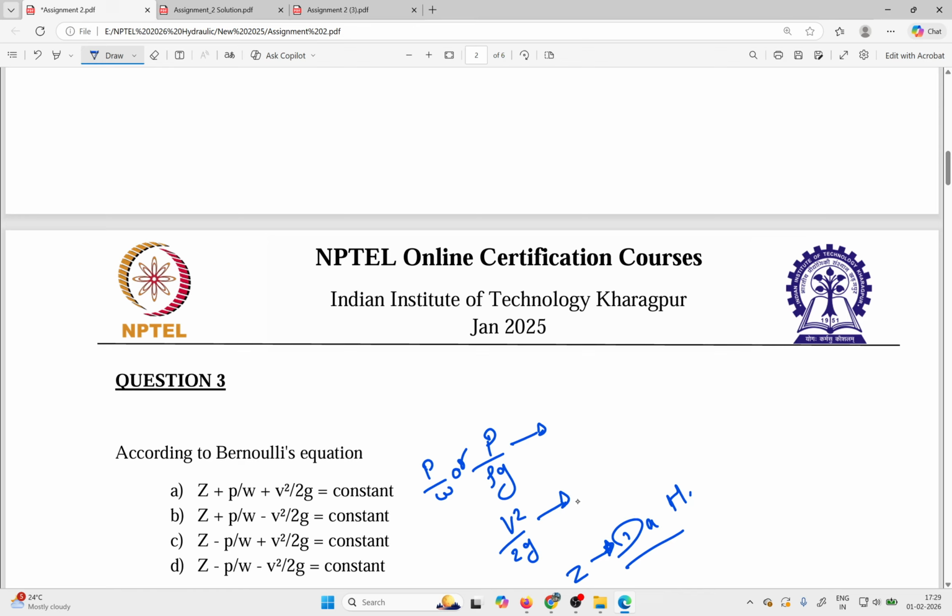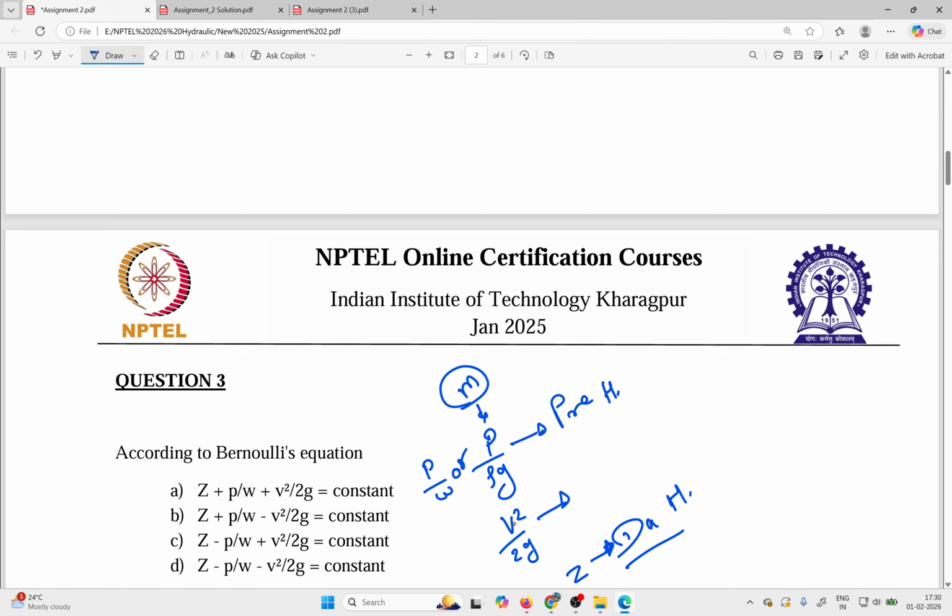Now what about V square by 2g? All these have the unit of meter, so you write the names of these terms in terms of head. This is the datum head. If P is there, it is the pressure head.